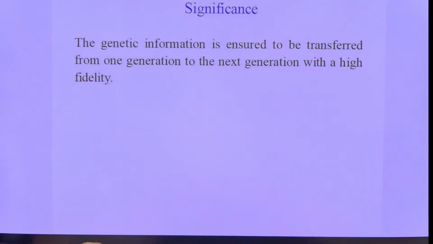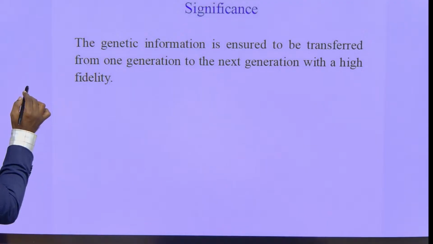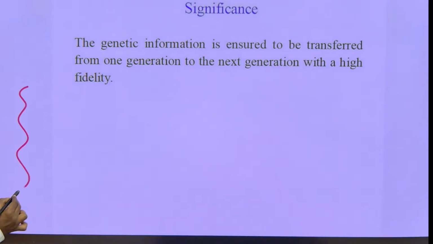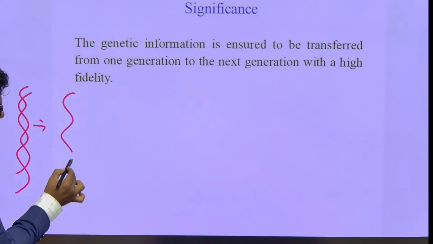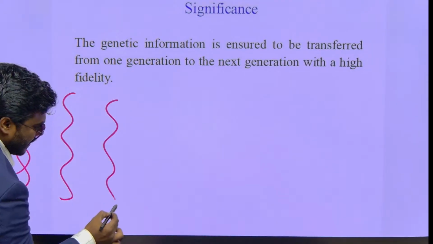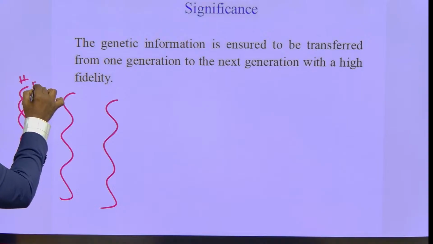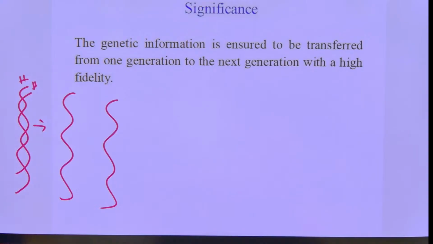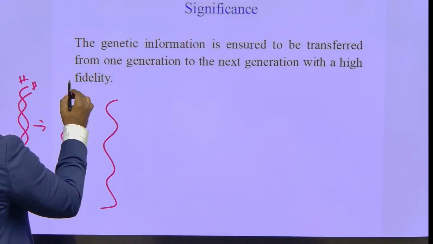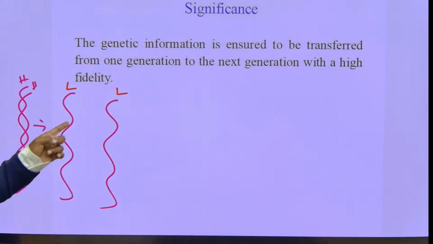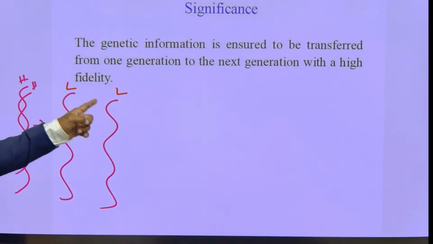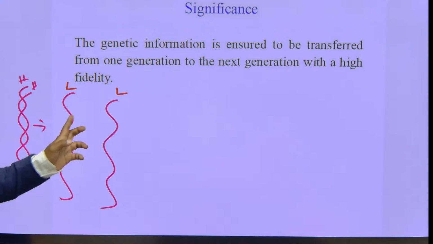So how did they prove it? Now first of all, what is the semi-conservative model? Quickly recap. According to the semi-conservative model, the parent strand gets separated and gives rise to the daughter strand. Every time remember, parent strands are always heavy. Daughter strands are always light. You're getting my point. Parent strands are heavy, daughter strands are light.